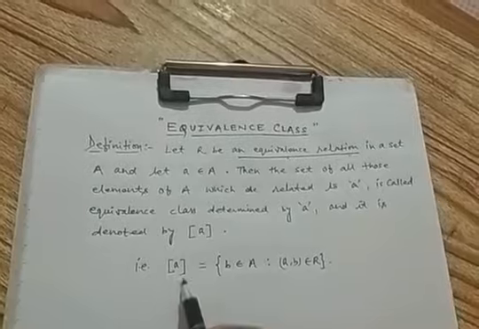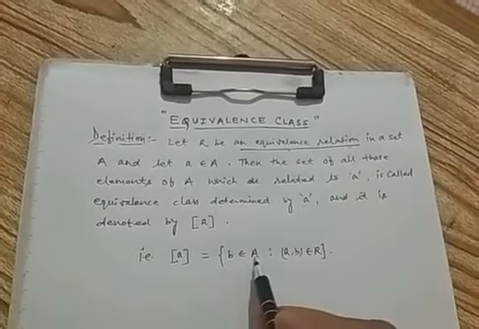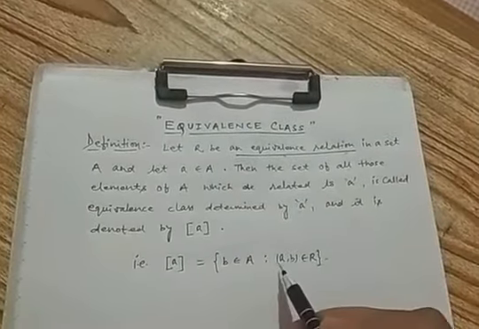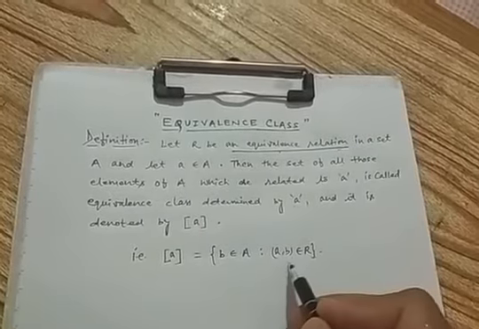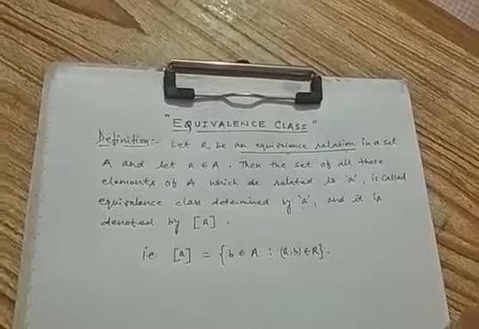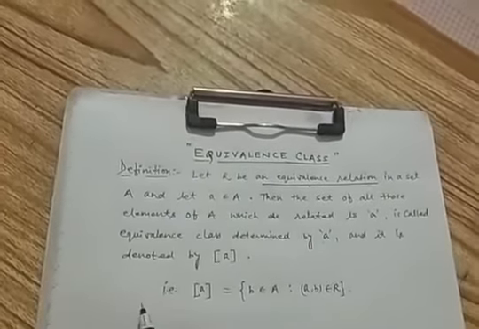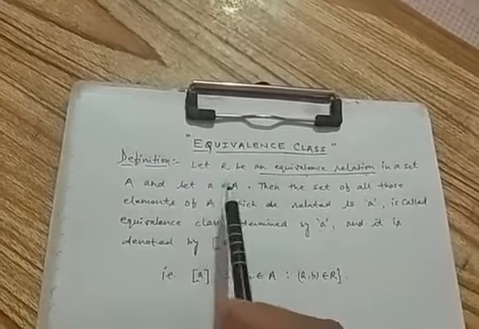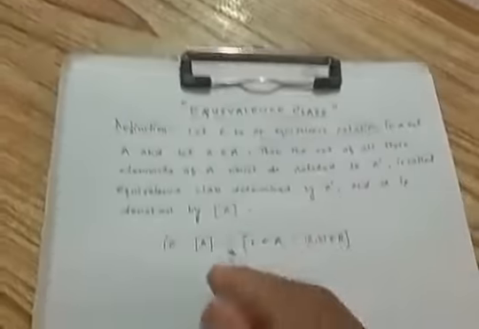Now we can write [a] equals the set of b belonging to A such that (a, b) belongs to R.